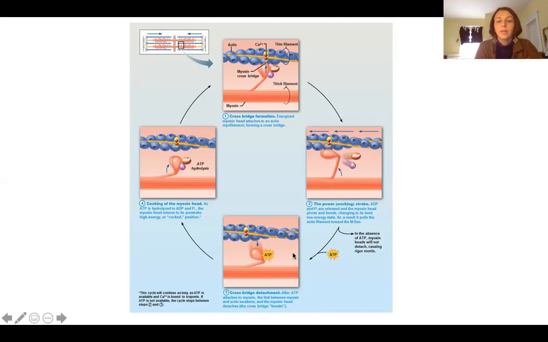Then we move into the phosphate molecule binding on, creating a higher energy state, allowing the head to release and be ready for forming a new cross bridge. To form that new cross bridge, it cocks forward again, and it is able to attach to the site.